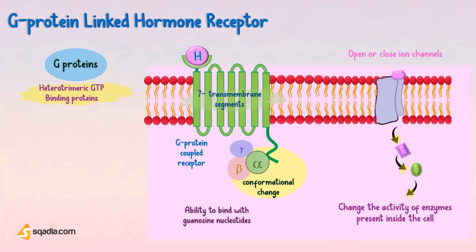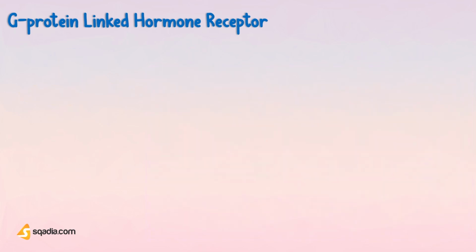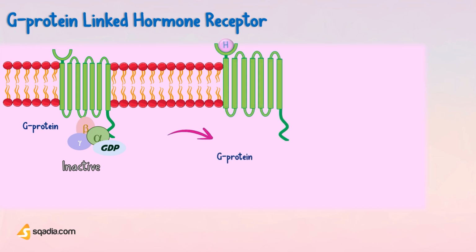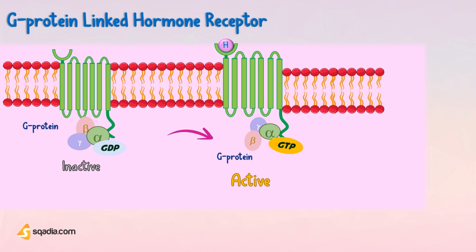The trimeric G-proteins are named for their ability to bind guanosine nucleotides. So let's discuss how G-protein is involved in hormonal signaling. In their inactive state, the alpha, beta, and gamma subunits of G-proteins form a complex that binds guanosine diphosphate, GDP, on the alpha subunit. When the receptor is activated, it undergoes a conformational change that causes displacement of GDP by GTP, guanosine triphosphate.